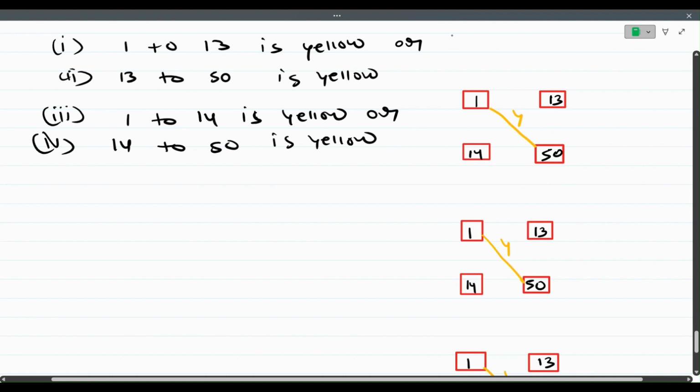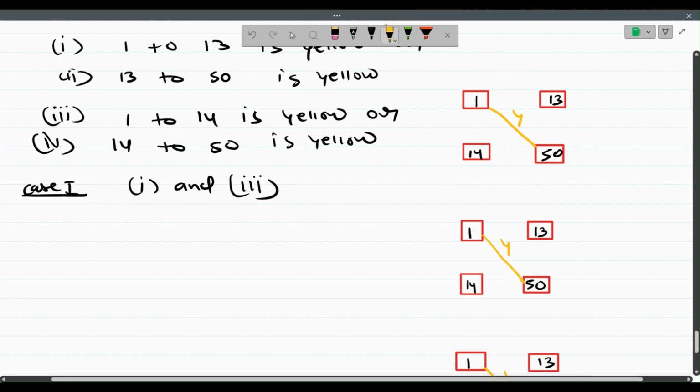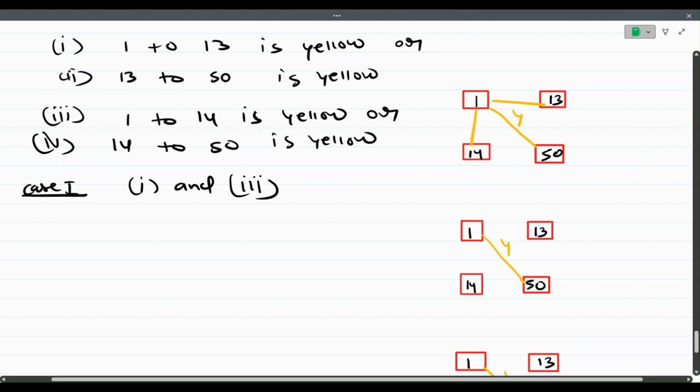Okay, so case number one. In case number one, we assume that condition number one and condition number three are true. The cord connecting between 1 and 13 is yellow, and condition number three says that 1 and 14 is yellow.